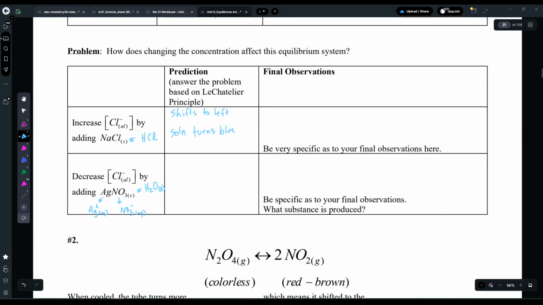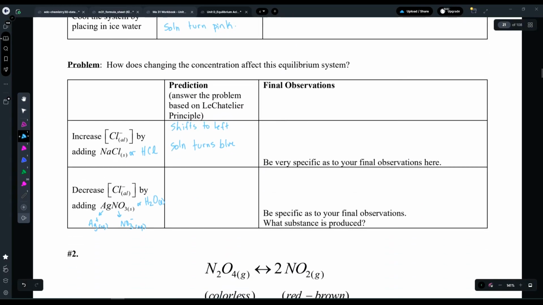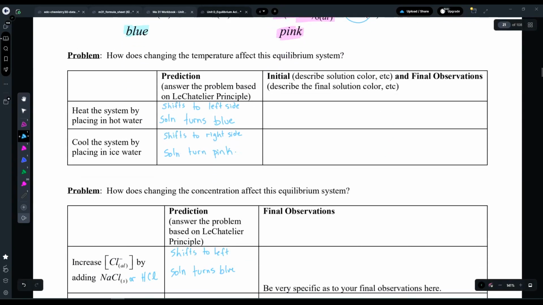All right, now if we decrease the amount of chloride ions, so if we take away chloride ions, equilibrium shifts towards them. So we're going to shift to the right, and the solution will turn pink, because when we shift to the right, we produce more cobalt-2 hexahydrate.